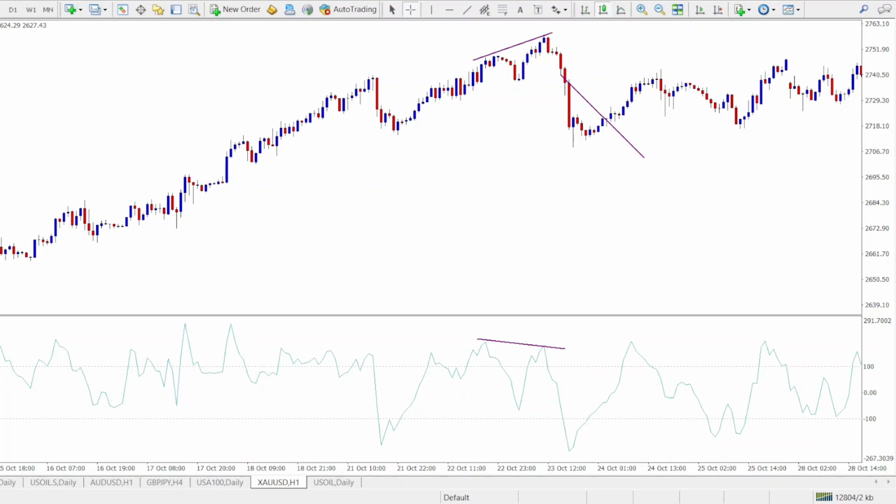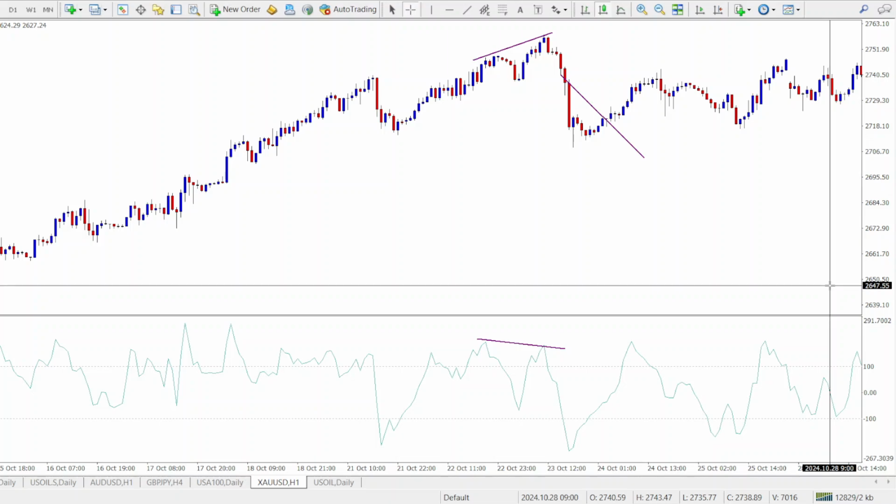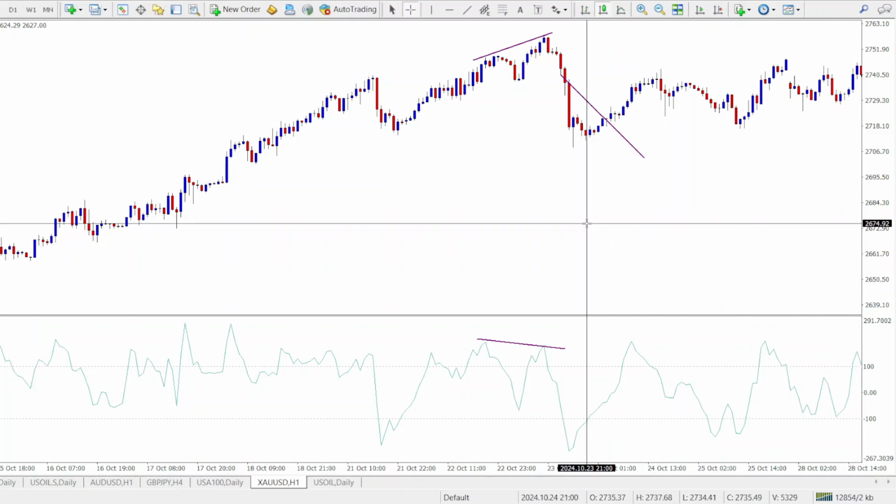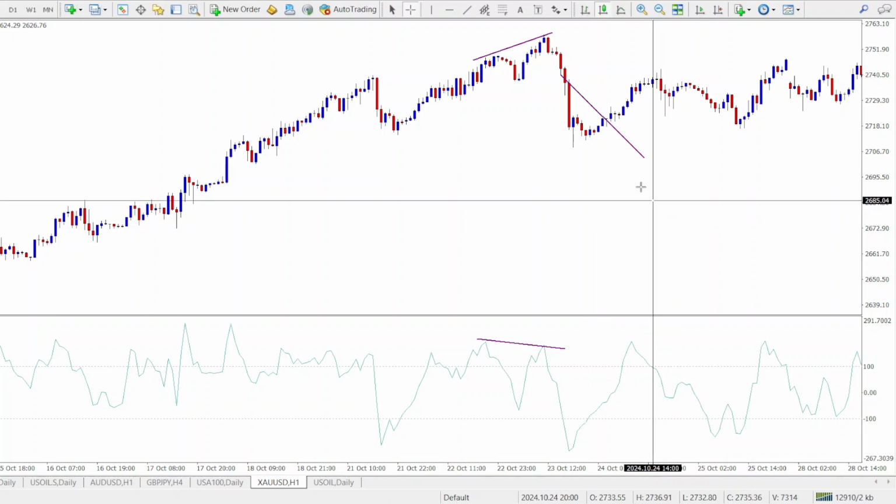So now that you know what divergence is, let us walk through the process of risk management. Now that you've understood how to trade with the CCI divergence, let's talk about risk management.